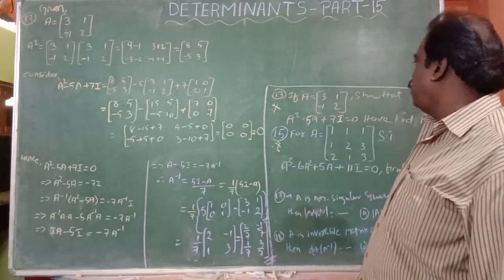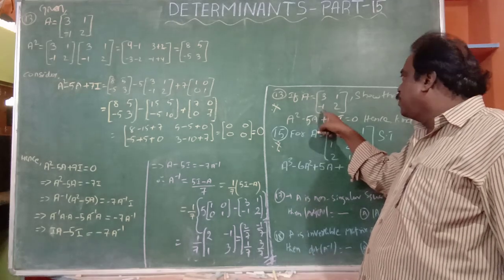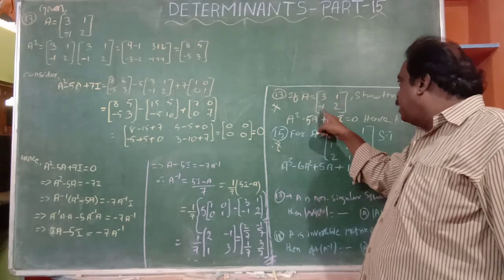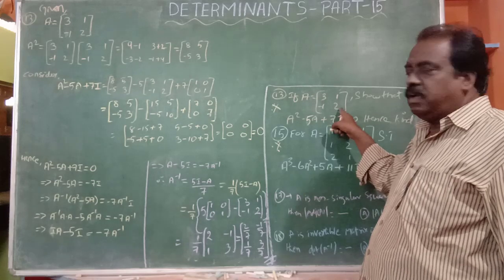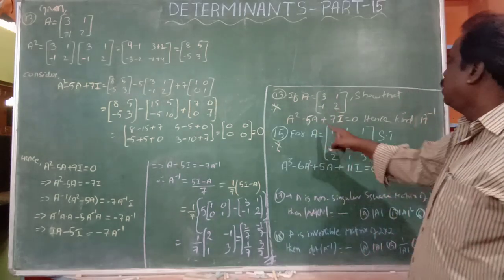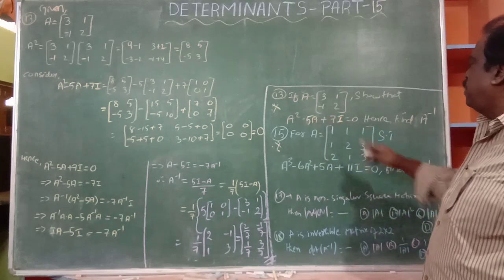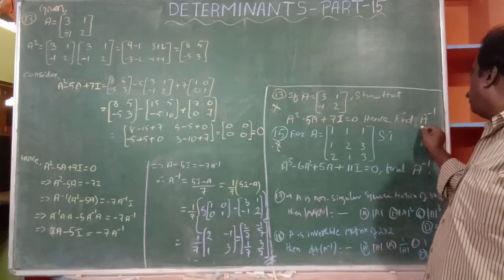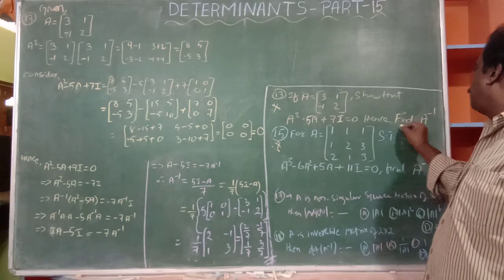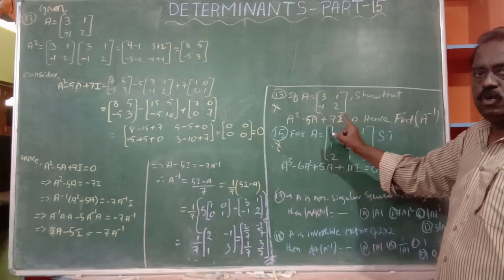In the textbook, one entry is given incorrectly, so you correct it: A is 3, 1, minus 1, 2. Only then can we prove this, and hence we have to find A inverse.